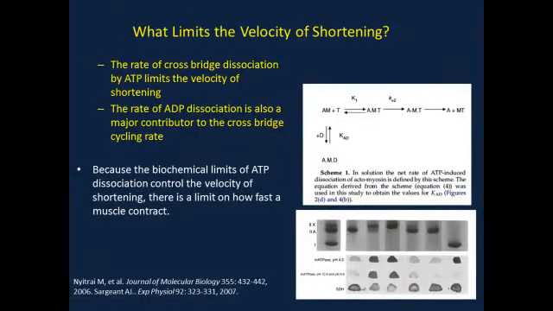Now, we know from enzyme kinetics, if we take a look at myosin heavy chains and so on, and we look very closely at the rate of cross-bridge cycling, we know that cross-bridge cycling is related to the dissociation of ATP and so on down the line. But basically, that cross-bridge cycling rate controls the velocity.